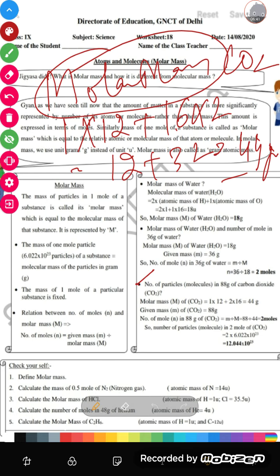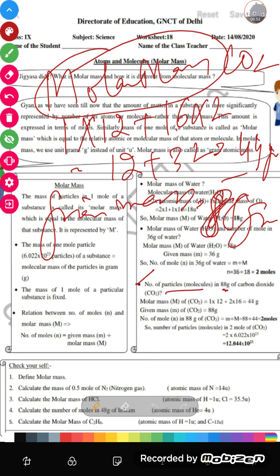Then the given mass we have is 88 grams. Now we have to find out the number of particles. First we have to find out the number of moles, so we have to find out n.